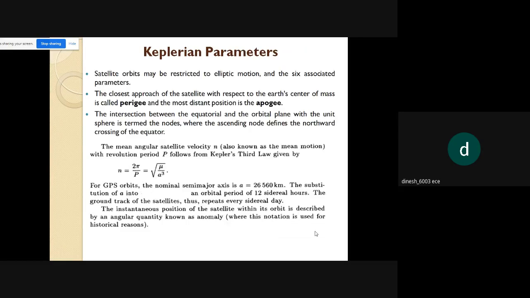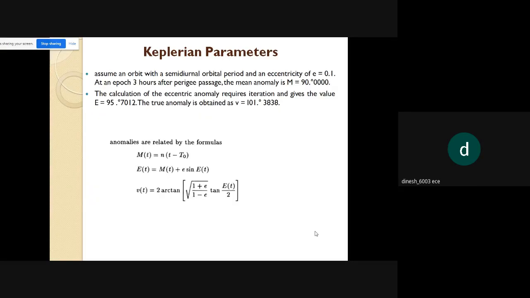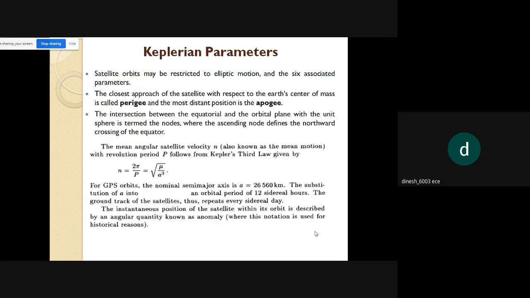I told you about perigee, and we have another concept called apogee also. I think most of you are familiar with apogee. What are apogee and perigee? The closest approach of the satellite with respect to Earth's center of mass is called perigee.